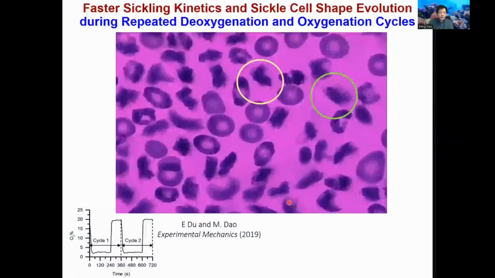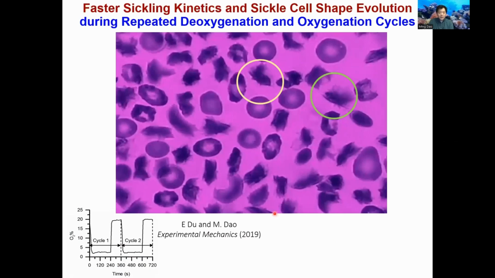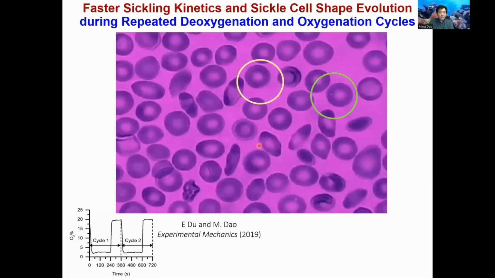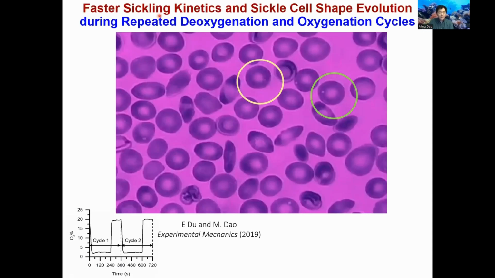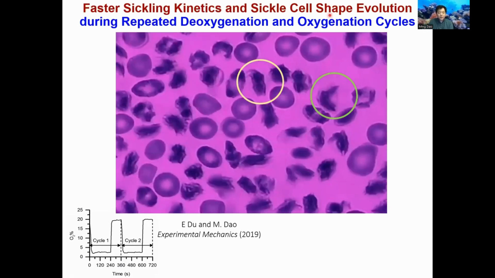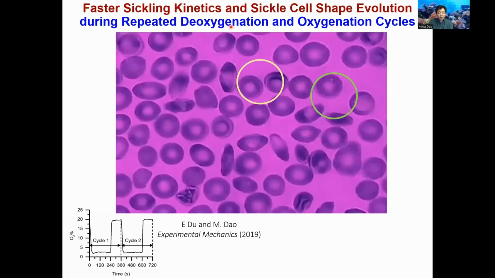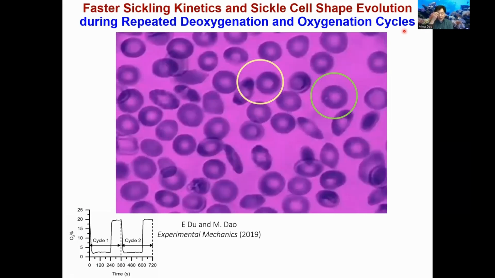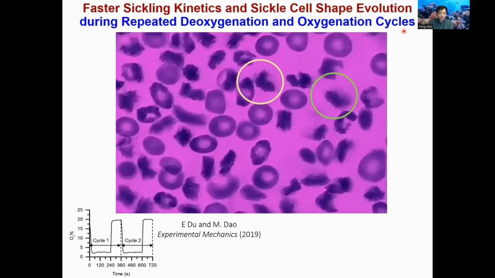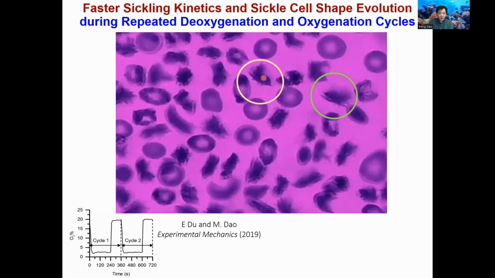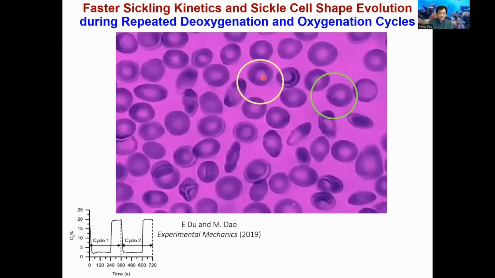So this is a slide showing repeated cycling kinetics and cell shape evolution under repeated deoxygenation oxygenation cycles. So you can focus on this cell, for example, between two different cycles.